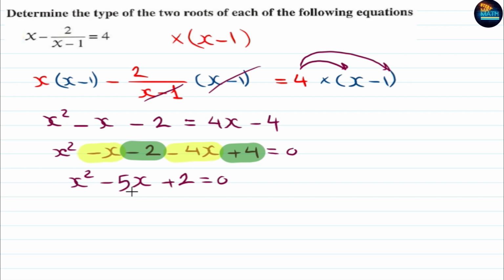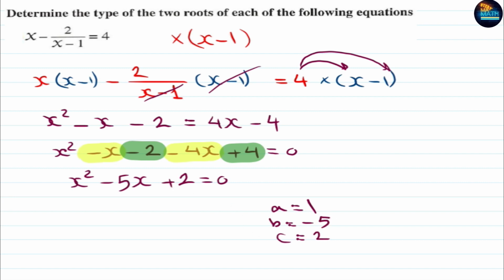Now you can get the discriminant and see if the discriminant is equal to 0, if the discriminant is greater than 0, or if the discriminant is smaller than 0. So here A is equal to 1 because the coefficient of x squared is 1, and B is the coefficient of x, which is negative 5, and then C is equal to 2.